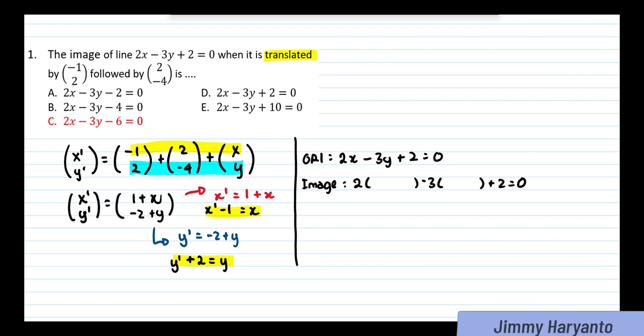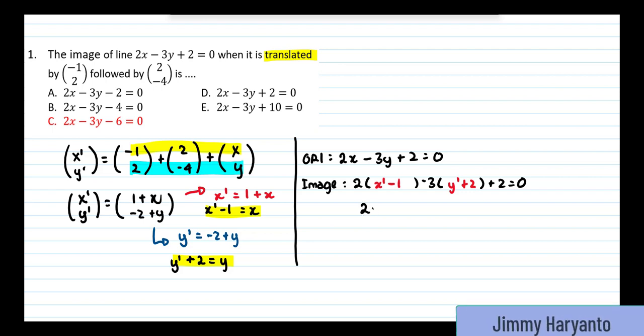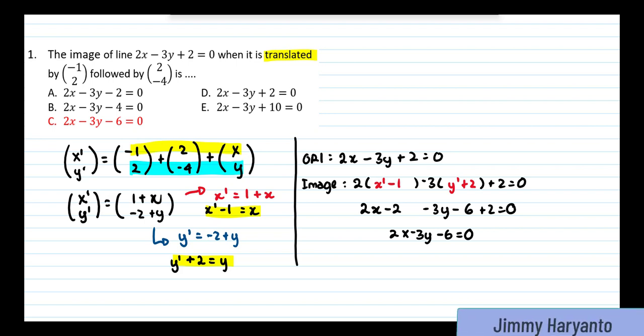We substitute x as x prime minus 1, and y as y prime plus 2, and then we simplify the expressions. 2x minus 2 minus 3y and then minus 6 and then plus 2 equals 0. You'll have 2x minus 3y minus 6 equals 0. There we go. This is the answer for number 1.